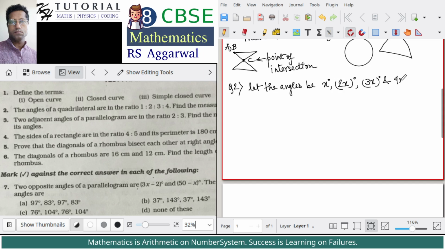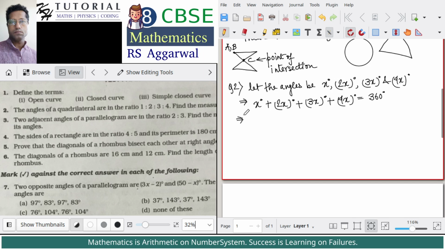and 4x degree. This will imply, we know the sum of the interior angles of a quadrilateral is equal to 360 degree. So we must have x degree plus 2x degree plus 3x degree plus 4x degree equal to 360 degree.